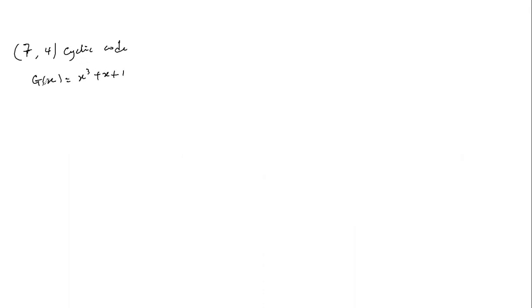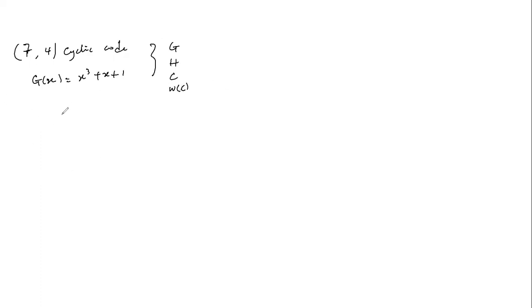Hence, otherwise determine the parity check matrix. So we need to get G, we need to get the parity check matrix, and then we're also asked to get the code vector, the code word. Then we're also asked to determine the weight of the code word.